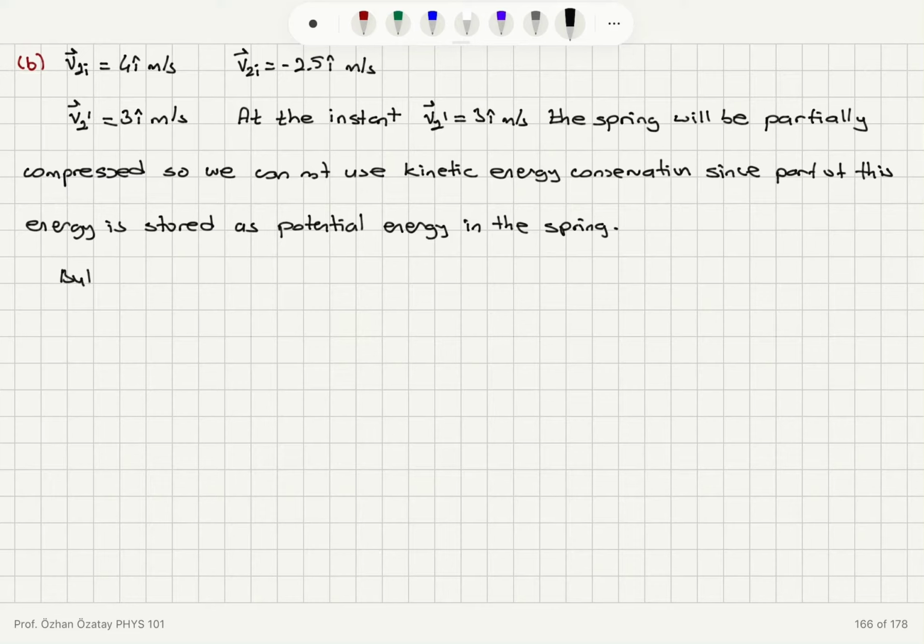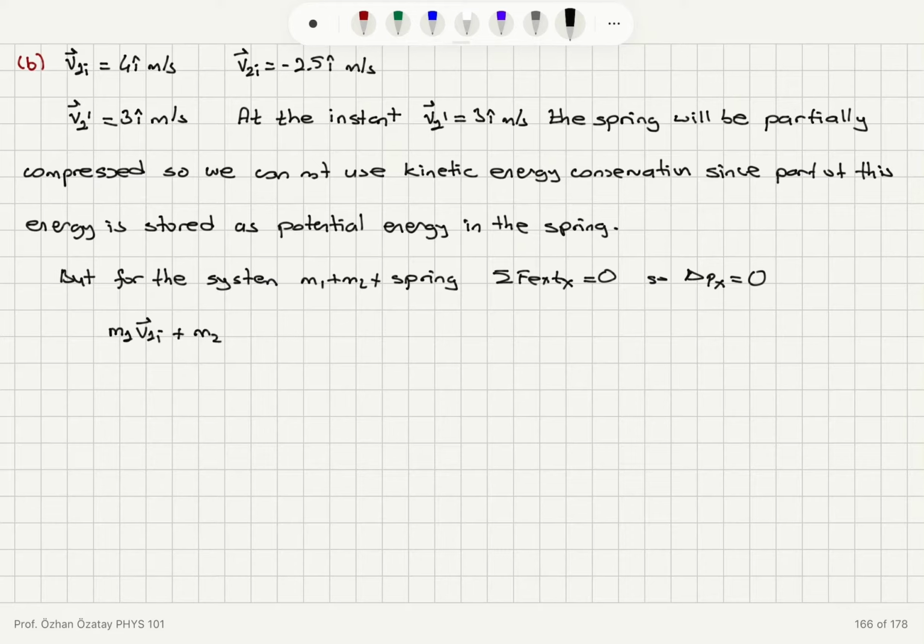But if I consider the system M1 plus M2 plus the spring altogether, there is no external force acting on the system on the x-axis, so I should have delta px equals 0. So if I write m1 v1 initial, momentum of m1, plus m2 v2 initial, momentum of m2, must be equal to m1 v1 prime plus m2 v2 prime.